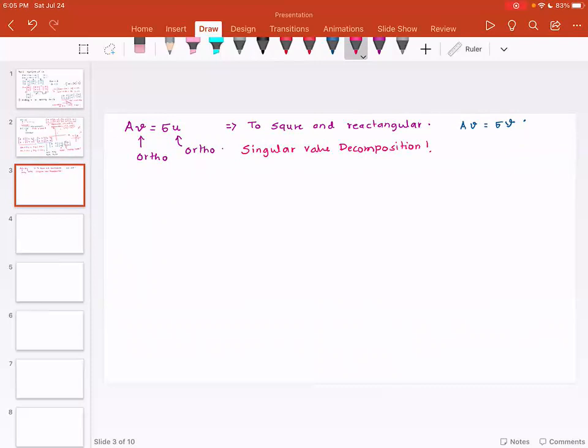And this is an important problem. This is where linear algebra meets data science and machine learning.